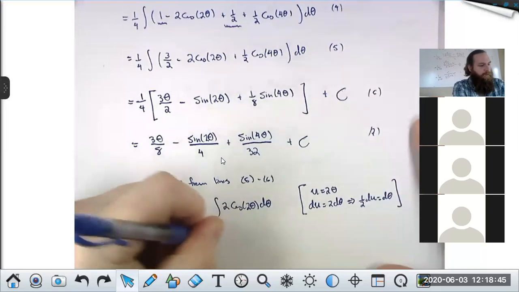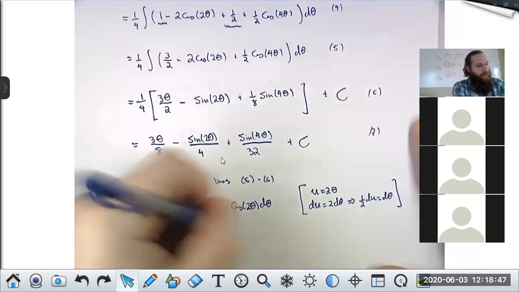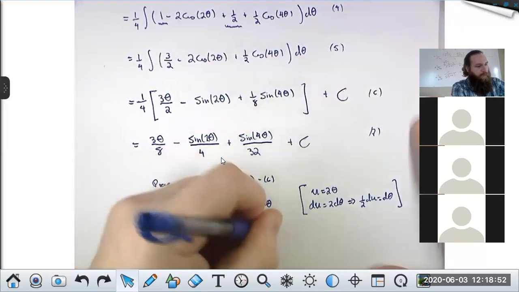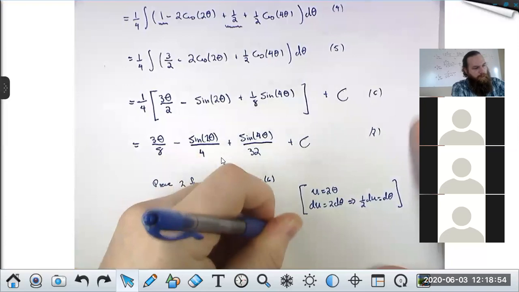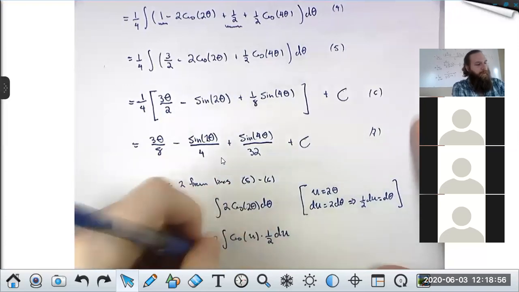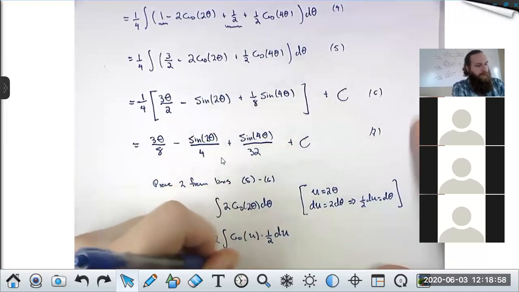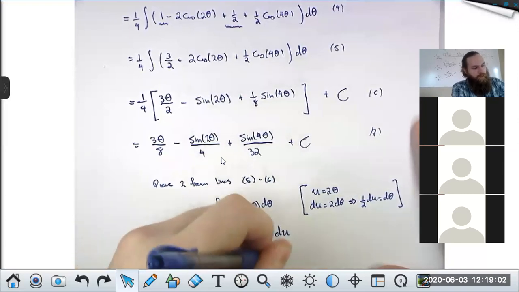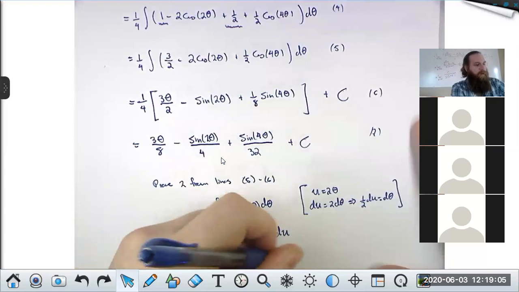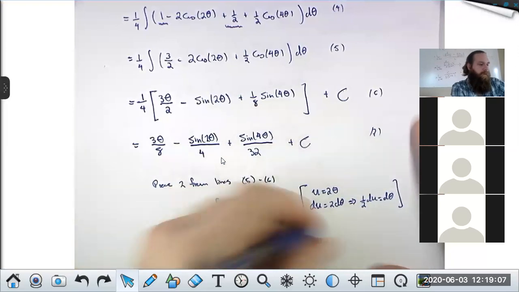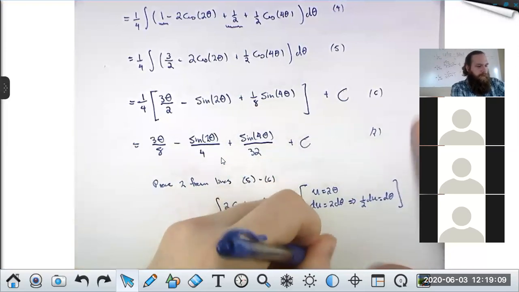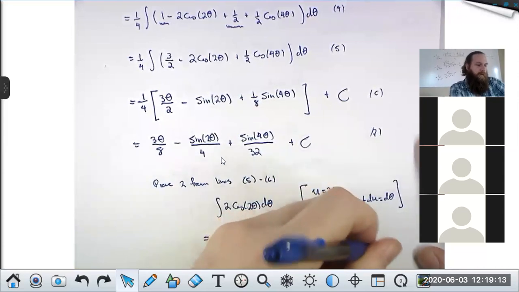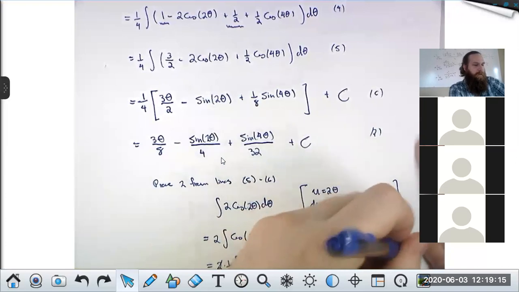So this would be 2 times the integral of cos u times 1/2 du. I can pop the 1/2 out and I get 2 times 1/2 times the integral of cos u du. These cancel. The integral of cos u is sine u plus c, which is sine 2 theta plus c.